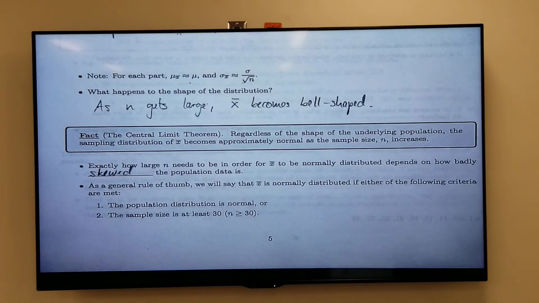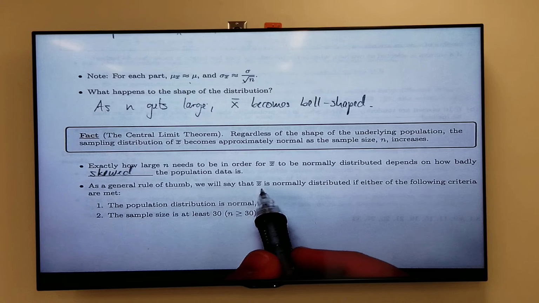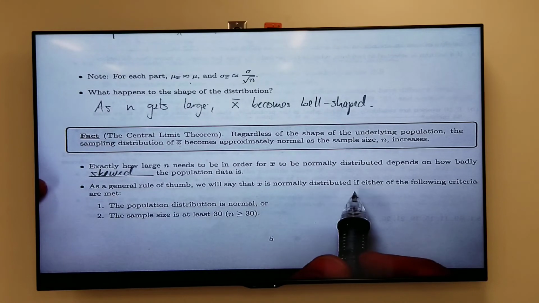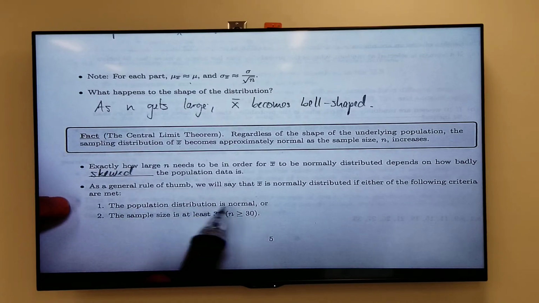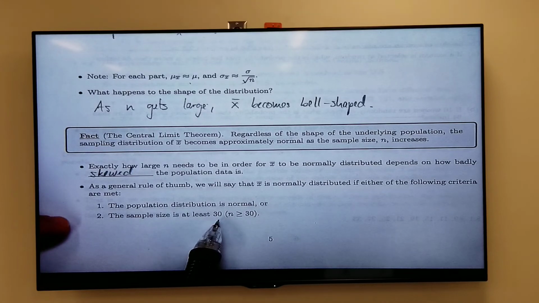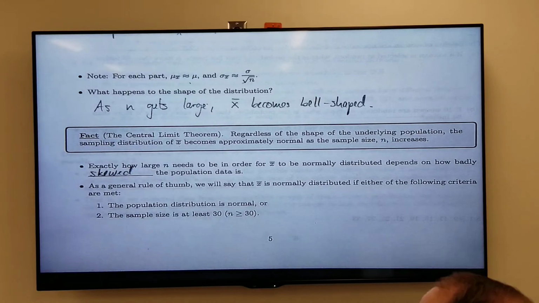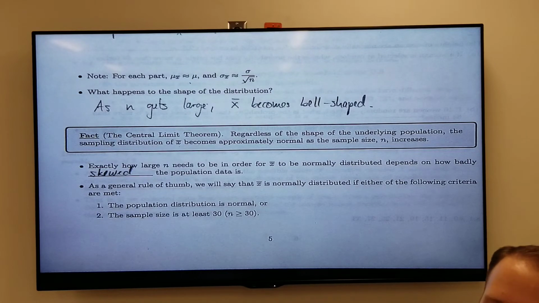But as a general rule of thumb, we'll say that x bar is normally distributed if one or the other of the following are met: either the underlying population is normally distributed, or the sample size is at least 30. So if our sample size is at least 30, then regardless of the shape of the underlying population, we can say that x bar is going to be normally distributed.